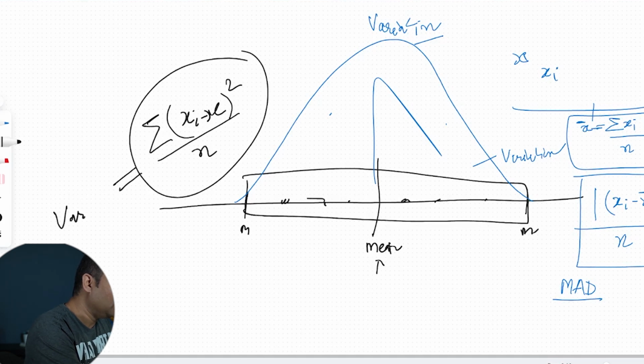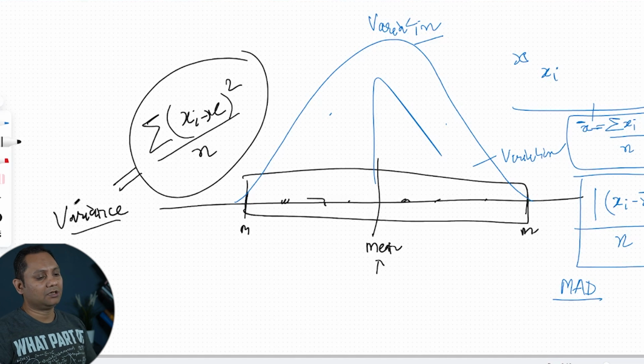This is very commonly known as variance.